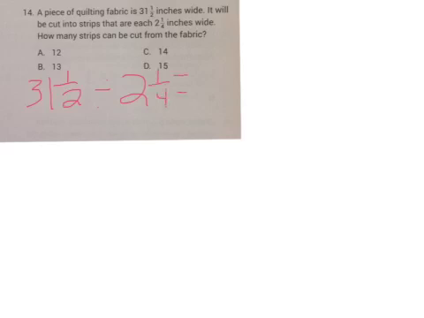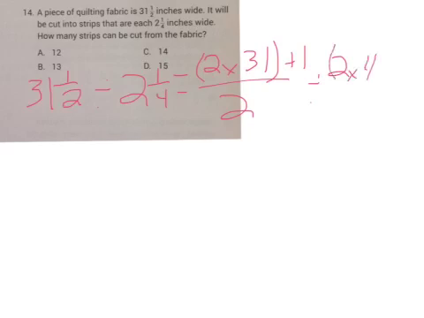So we know what we're going to do to get these into proper form is we're going to say 2 times 31 plus 1 over 2, divided by 2 times 4 plus 1, and this is going to be over 4. All right, so let's work these out.